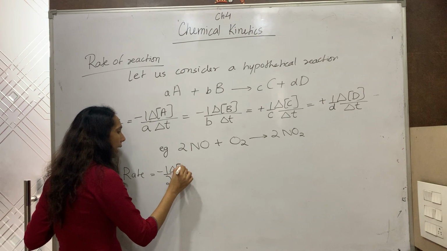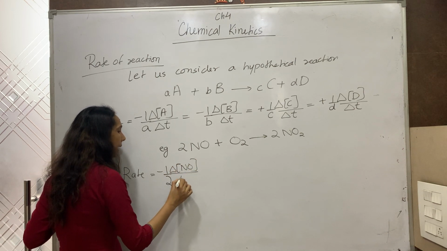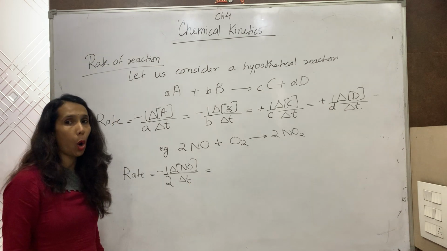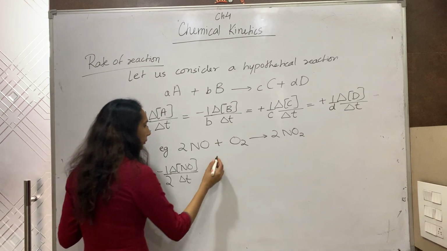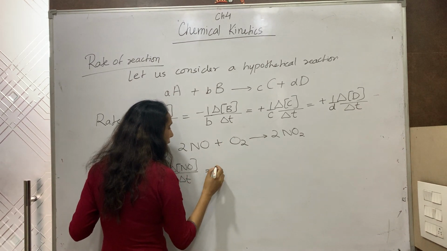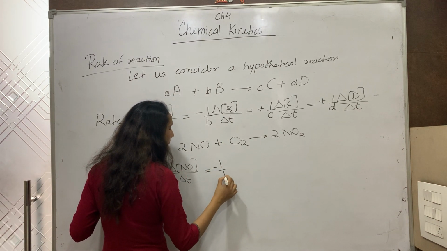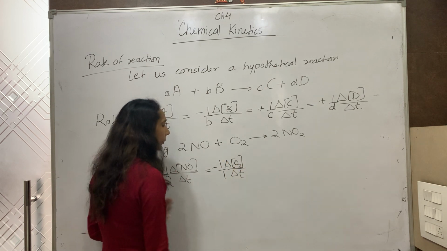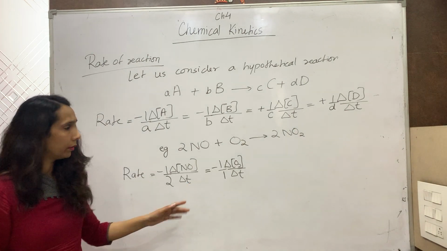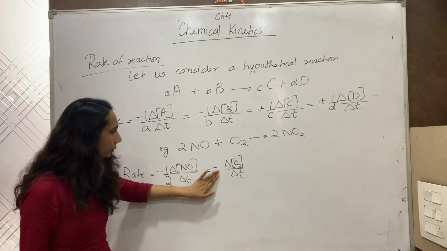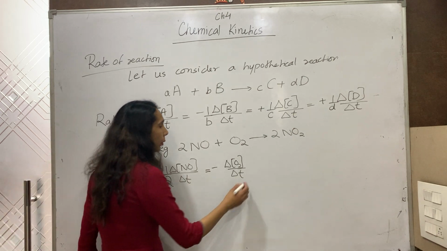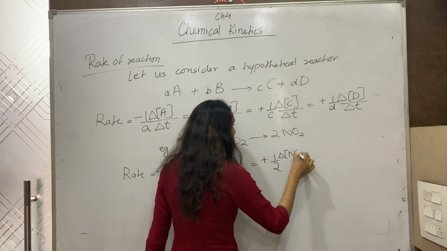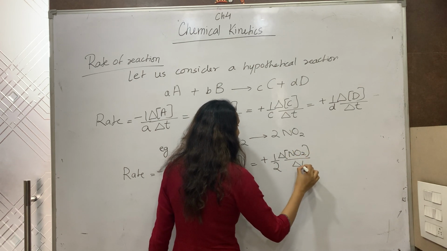Minus 1 by 2 delta NO by delta T, equal to, in terms of oxygen, the stoichiometric coefficient is 1, so it will be minus 1 upon 1 delta O2 by delta T. 1 upon 1, you can just keep writing this also. That's 1 only. And in terms of NO2, plus 1 by 2 delta NO2 upon delta T.